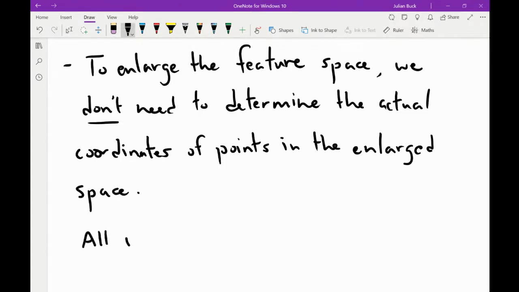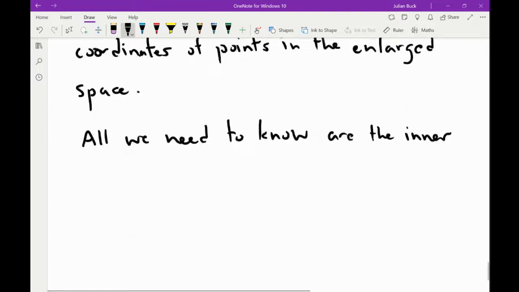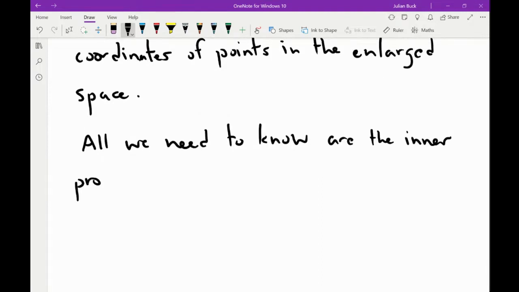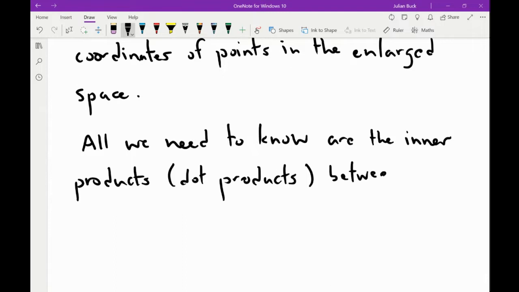All we need to know, and this is the whole idea behind these kernel functions, are the inner products. In other words, these dot products between the original data points, the data points in the original space.